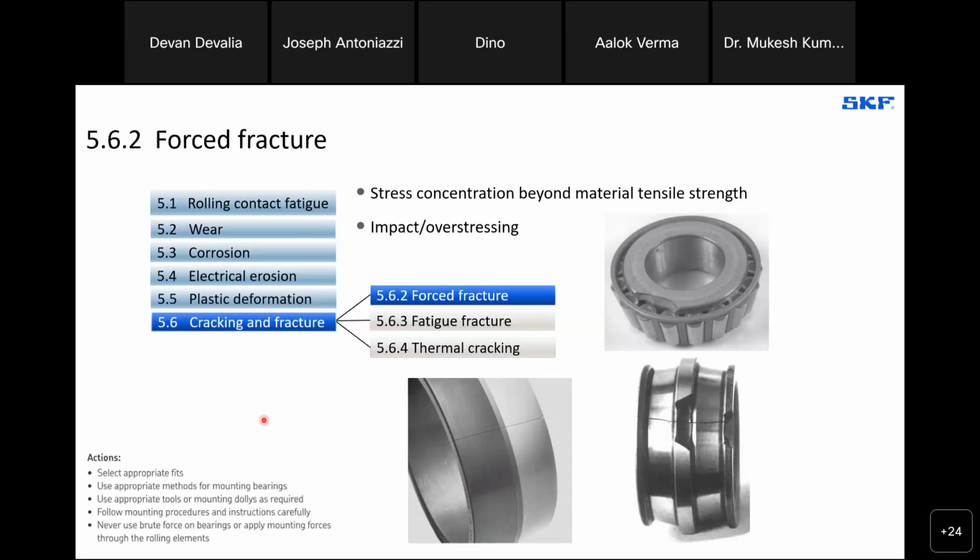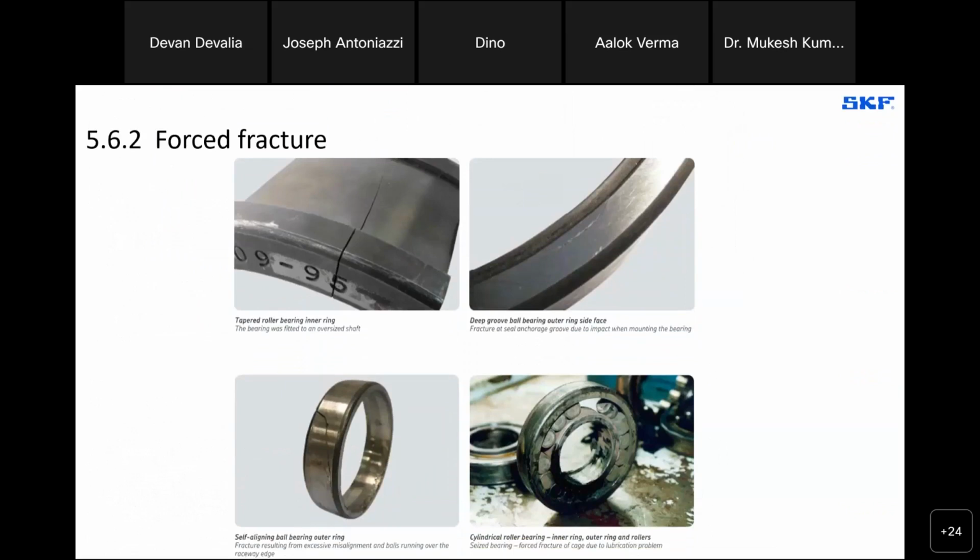So, excessive drive up on a tapered shaft, for example, can result in an inner ring fracture, because the tensile stress limits are exceeded, and then the bearing's heated when it starts to run. And this is an issue with martensitic hardened rings, not so much with bainite or case hardened. Here are some examples.